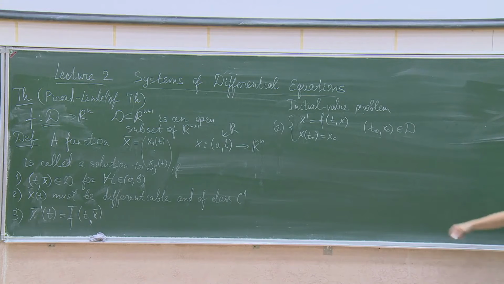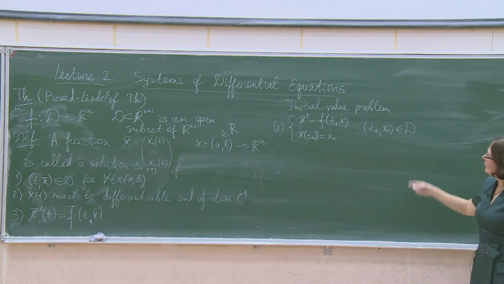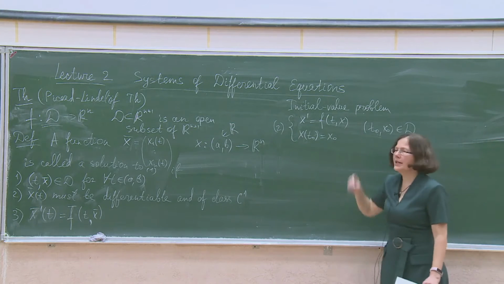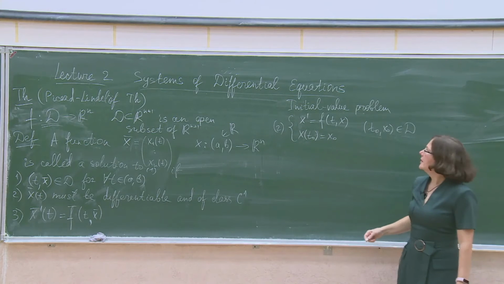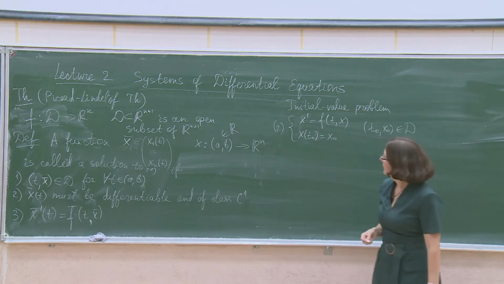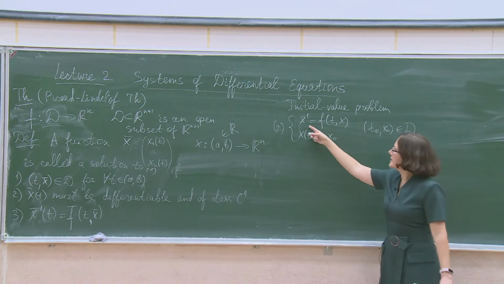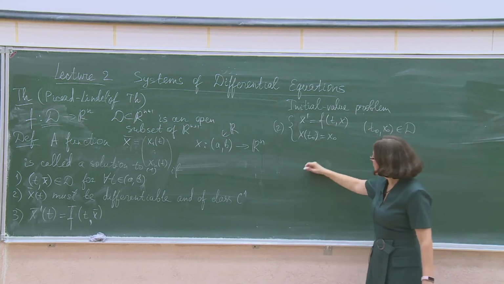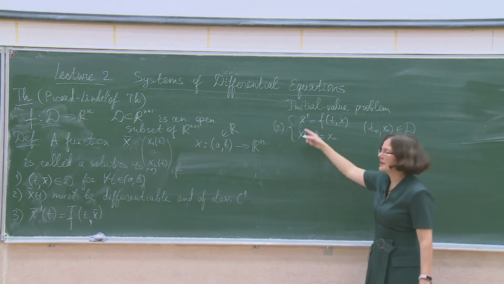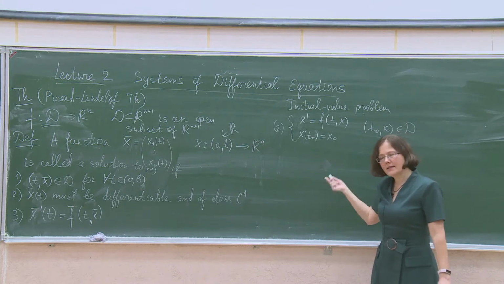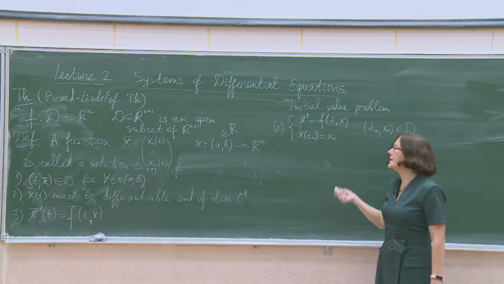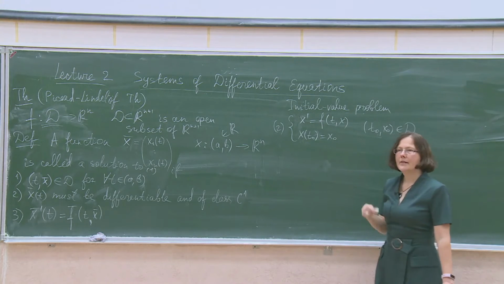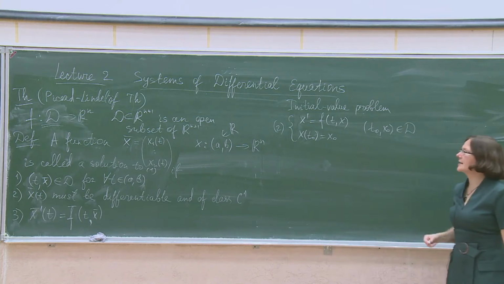And then to solve the initial value problem means to find a solution such that it satisfies this requirement and, in addition, it should satisfy this initial condition. The solution of the initial value problem is a function which is a solution and satisfies this initial condition. We will discuss the initial value problem.